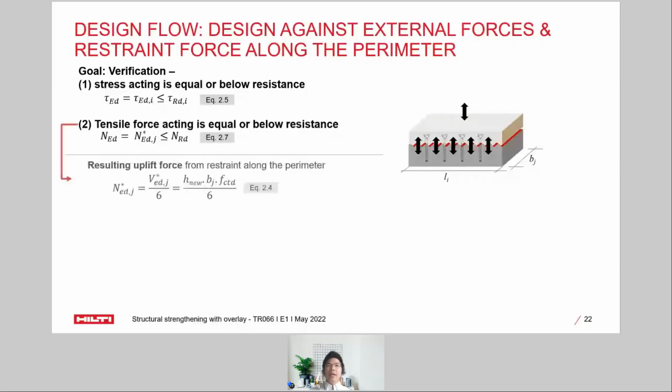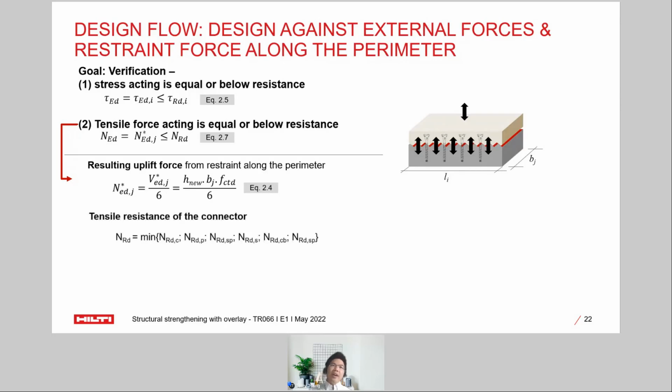The way to calculate the resulting uplift force is again a very straightforward formula, as you can see here. It is mainly based on the concrete geometry, like the thickness of the new concrete overlay, times the width, times the design tensile strength of the concrete, divided by 6, and then you can calculate the resulting uplifting force.